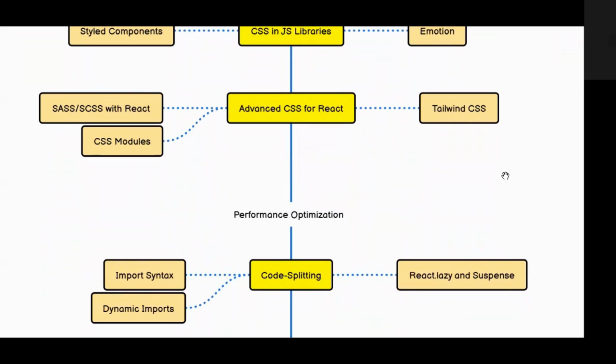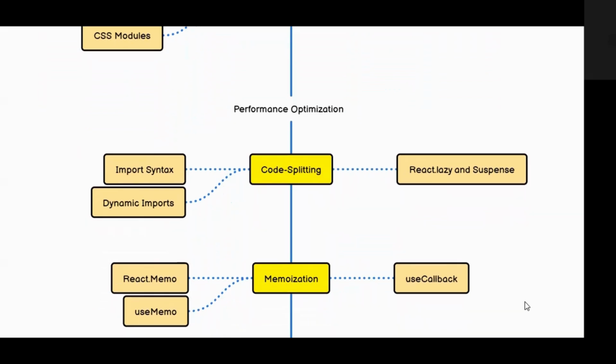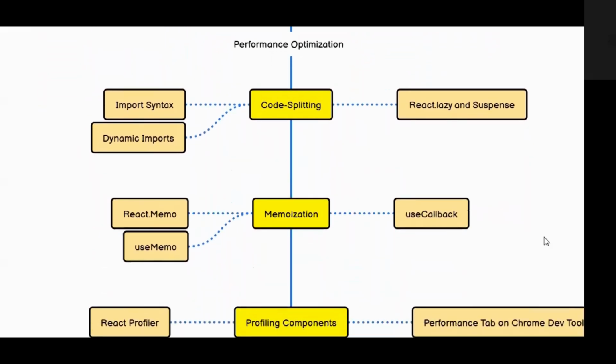So the first thing you should know is how code splitting works, and including code splitting, how React lazy and Suspense work, how import syntax and dynamic imports work, how memoization works, and how React.memo and useMemo work for your React performance, and then how to use useCallback efficiently to improve your application performance. And then there are some profiling tools like React Profiler and this kind of stuff.